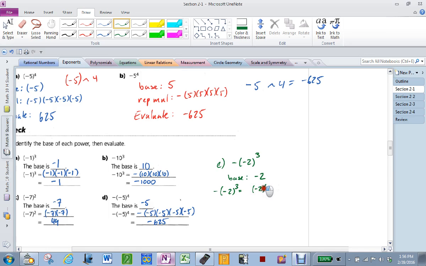Negative 2 repeated how many times? 3. And what's in front of all of it? A negative. So, negative 2 times negative 2 times negative 2 is negative 8, right? And then negative 8 becomes positive 8.